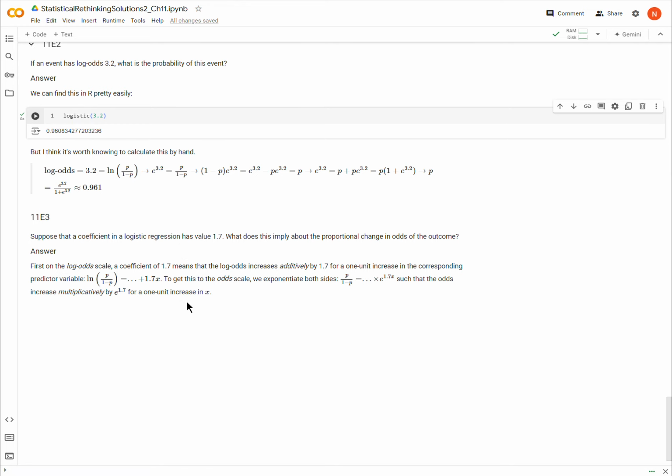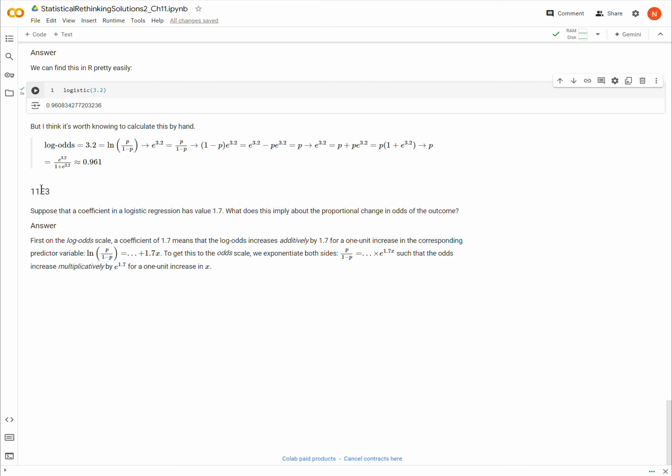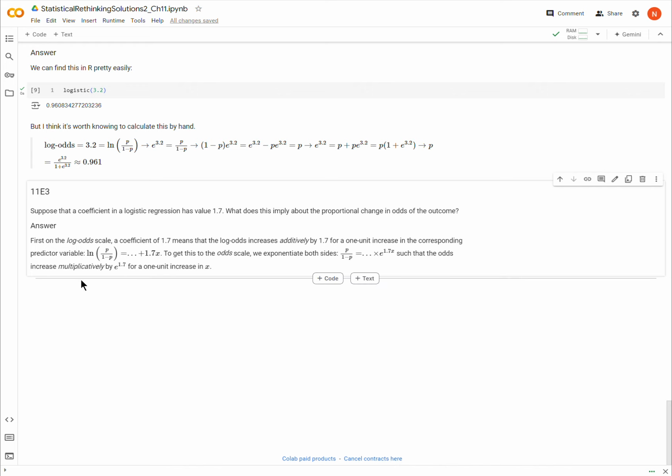Great. Now finally, 11E3. Suppose that we've done logistic regression, and we have our beta coefficient equaling 1.7. What does this imply about the change in odds of the outcome? I think this is asking about odds, so we'll get there, but let's first break it down into the log odds.